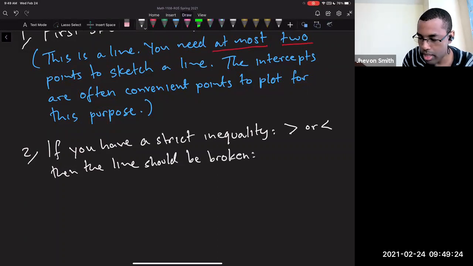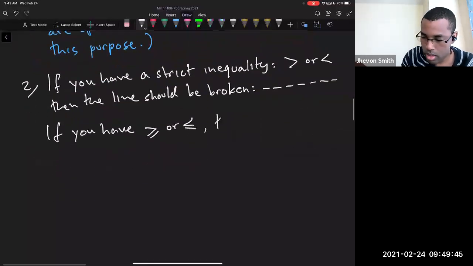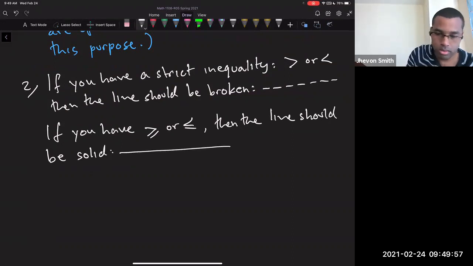You should sketch a broken line. That is, you sketch it with dashes. If you have greater than or equal to or less than or equal to, then the line should be solid. It's just a solid line.